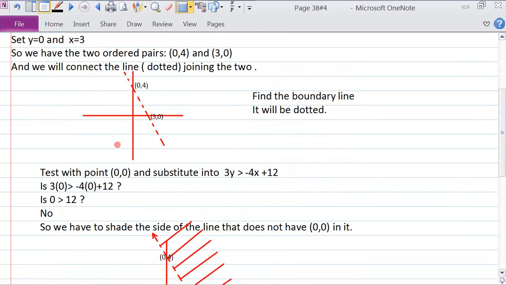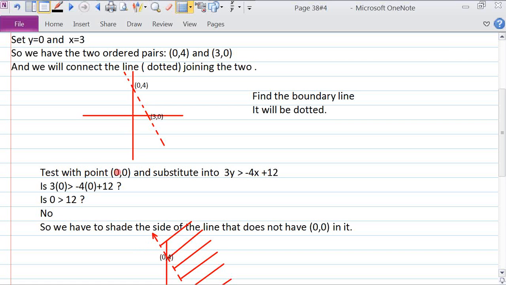So now we have to decide which side of the line we're going to actually shade. And we're going to start off with a very obvious point, which is 0, 0. That's clearly on one side of the line, where the origin is. We're going to substitute 0, 0 into the inequality and see whether the inequality is true.